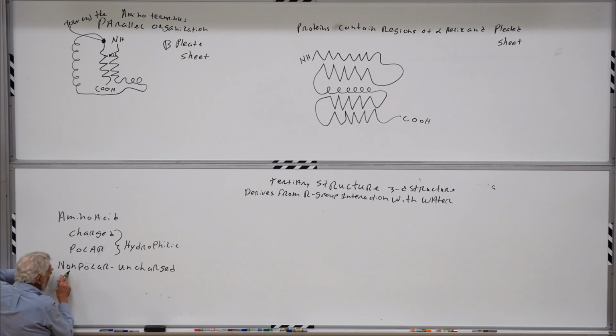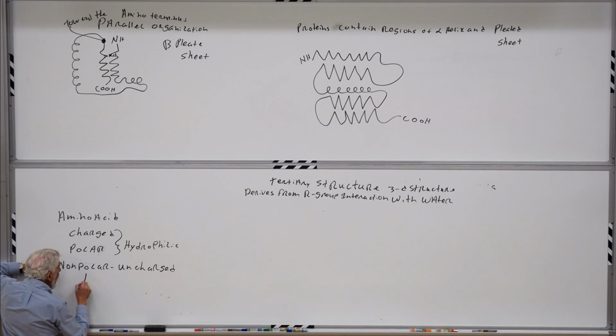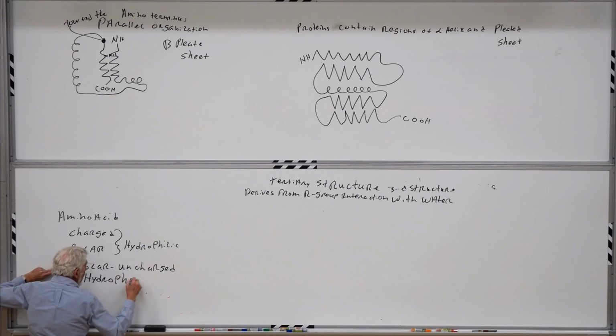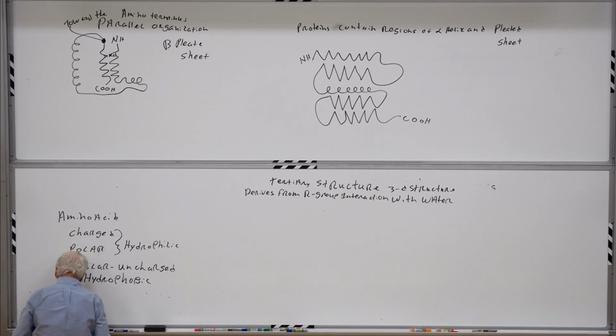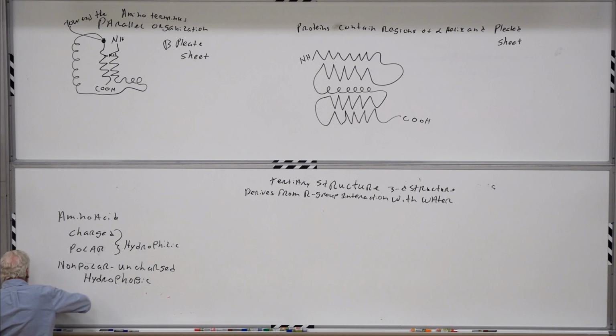So when you think about these side groups, the R groups, being either nonpolar or uncharged, you now recognize that these are hydrophobic. So we're thinking here about amino acids having either a tendency to interact with water or not interacting with water, depending upon the characteristics of the R group. R groups that are charged or polar interact with water. Those that are uncharged tend to not interact with water.